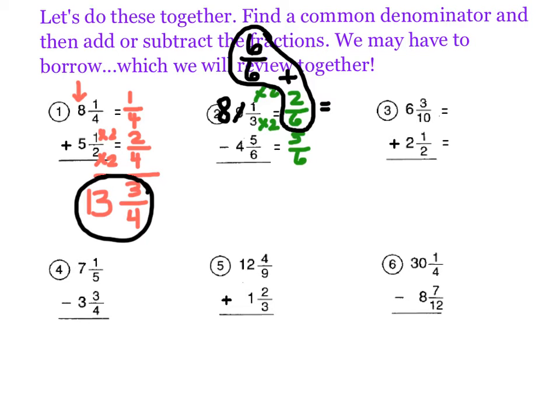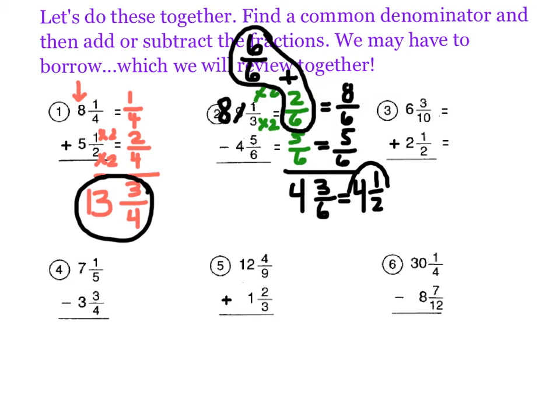So 6/6 plus 2/6 is 8/6. And then we also have this 5/6 down here that we haven't used yet, so let's bring that over. Now, if you notice, we can subtract. So 8/6 minus 5/6 is 3/6. And then we can go ahead and subtract our numbers in the front. 8 minus 4 is 4. This does need to be reduced, however, to 4 1/2.